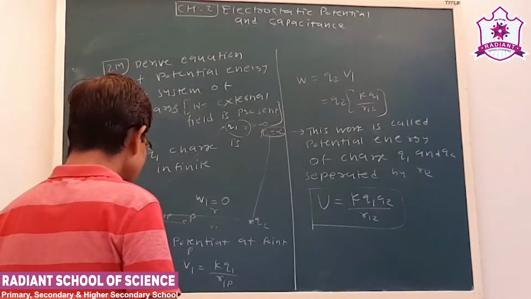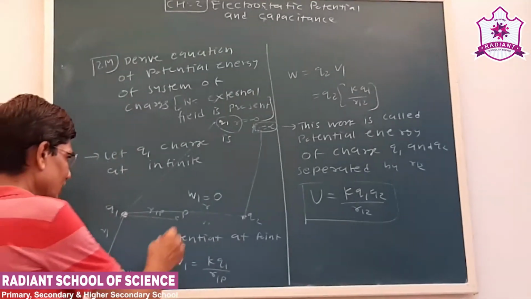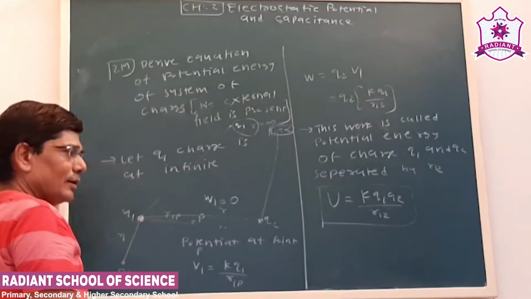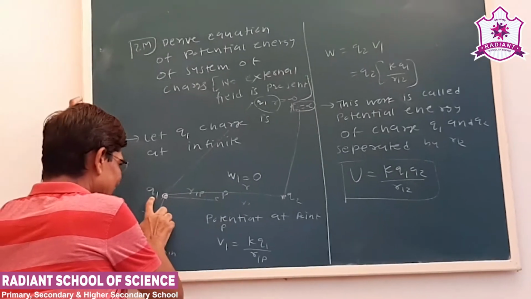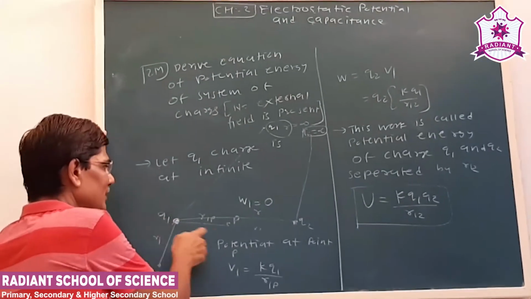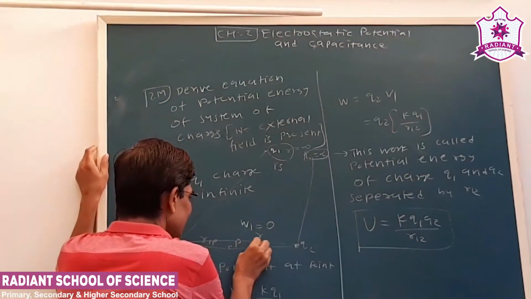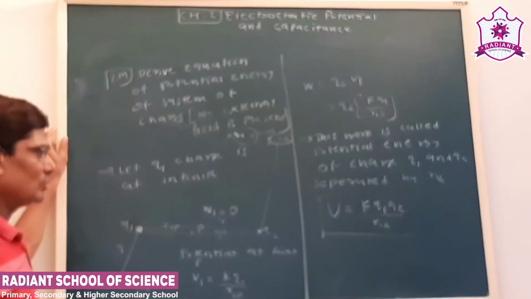Now if we proceed further, let us say point P is at a distance of r1P from Q1 charge and r2P from Q2.